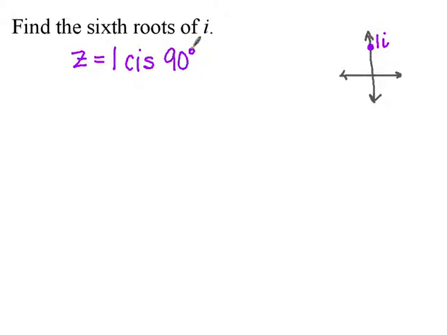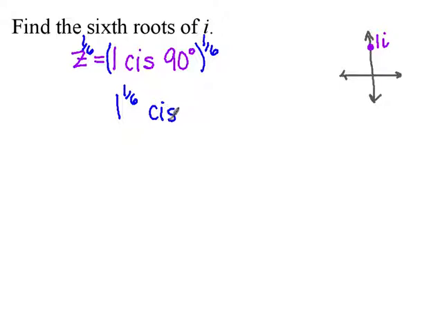Now what I'm going to do on that power is raise it to the 1/6 power. So that means 1 to the 1/6 power cis. Now it says you take theta divided by n.